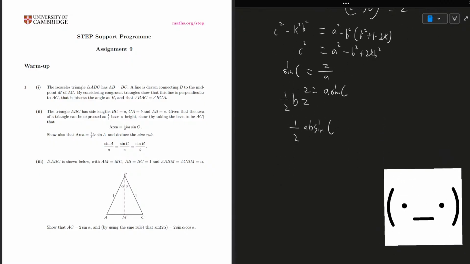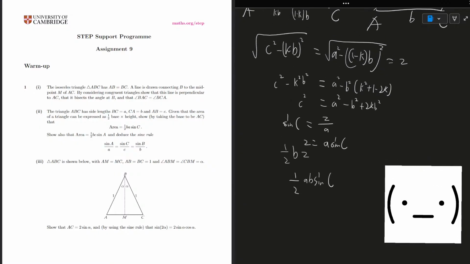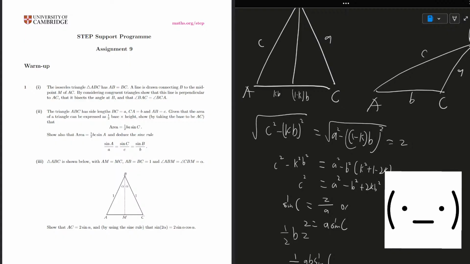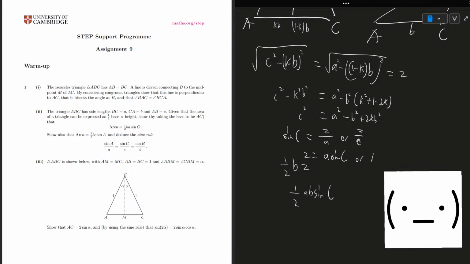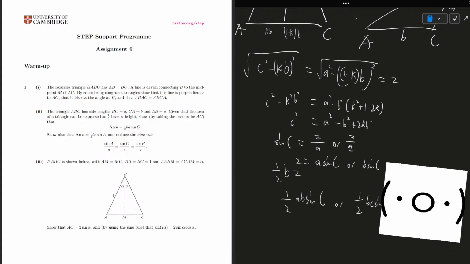Yay, we did it. So now we can show also that the area equals BC sine. Shouldn't be that hard. Oh wait, no, I've done it.